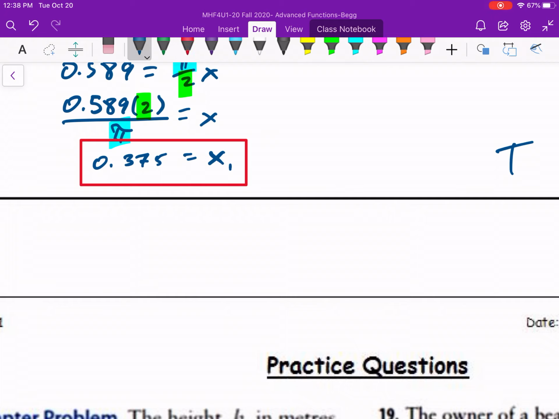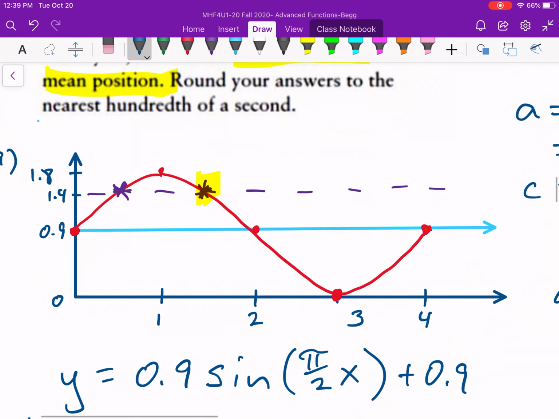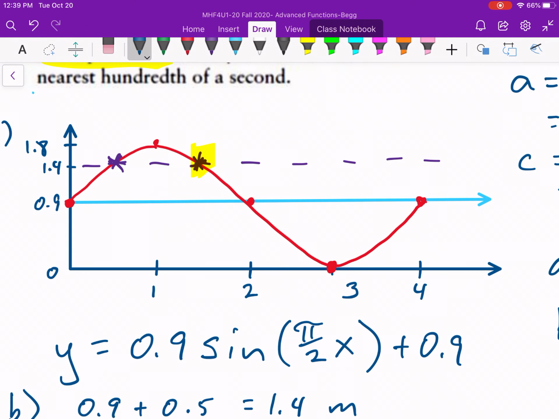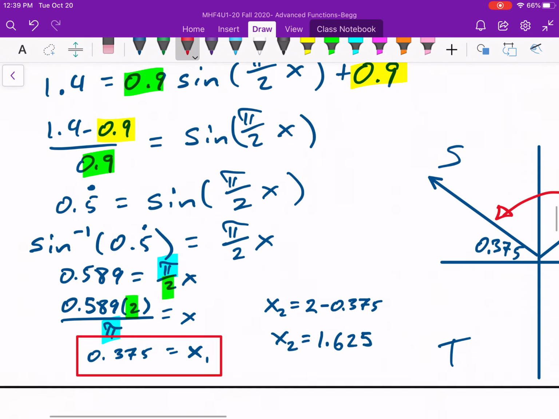And my second solution, x2, is going to equal the 2 seconds for half a cycle minus 0.375, which is 1.625, I guess. And that matches up pretty much with what I've drawn right here. So that's my second solution.